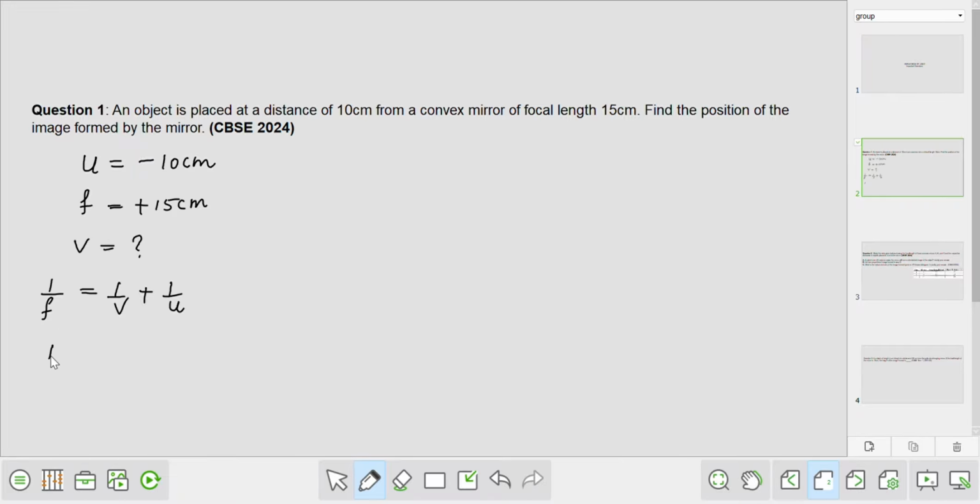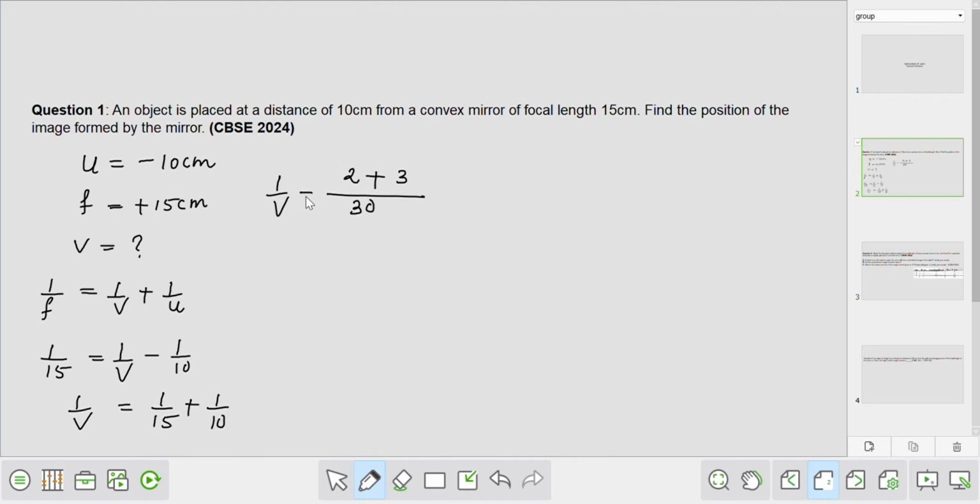So substitute. So 1 by 15 is equal to 1 by v minus 1 by 10. So 1 by v is equal to 1 by 15 plus 1 by 10. Now LCM can be 30. So this will be 2 plus 3.